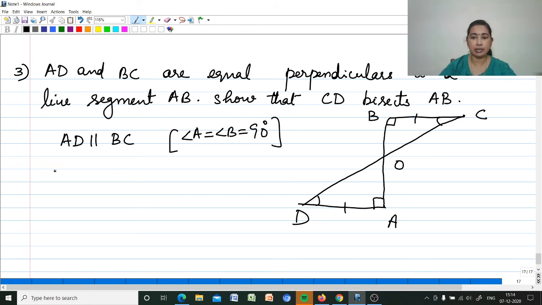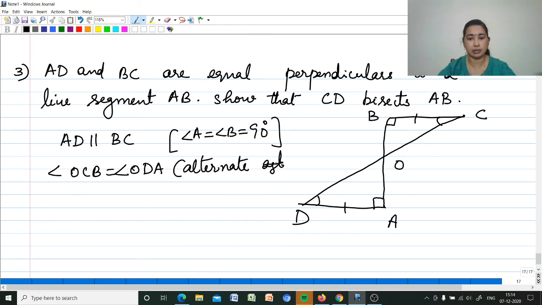That means angle OCB is equal to angle ODA, because alternate angles are equal, since those two are parallel lines.